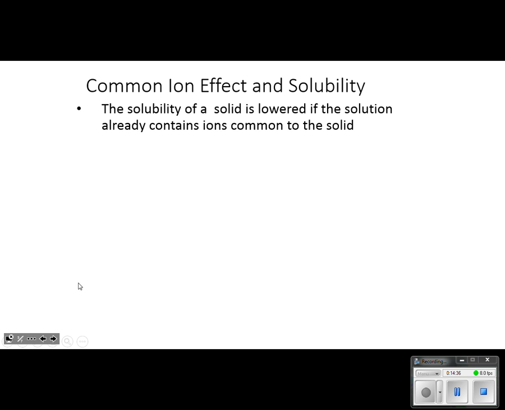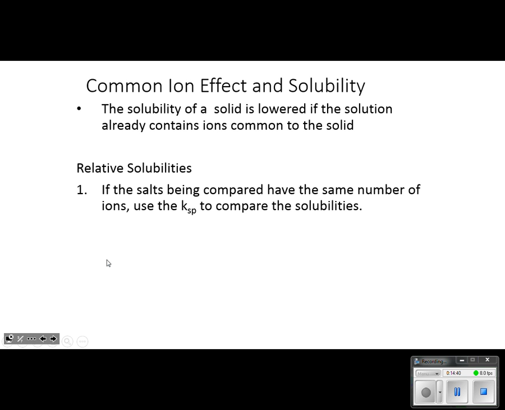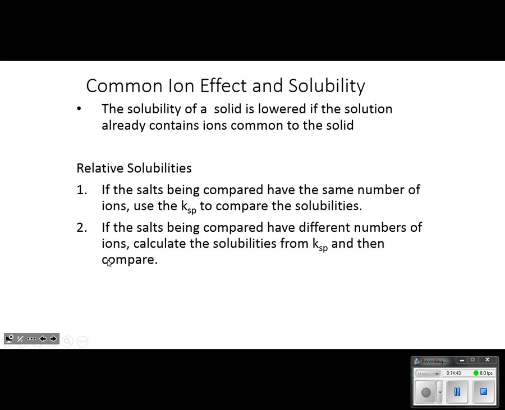The other thing I want to look at is what's known as relative solubilities. It's possible that you can figure out how soluble something is, comparing two solids, and if the salts being compared have the same number of ions in them, then you can just use the KSPs to figure out who's more soluble or who's less soluble, and I'll show you an example of that.